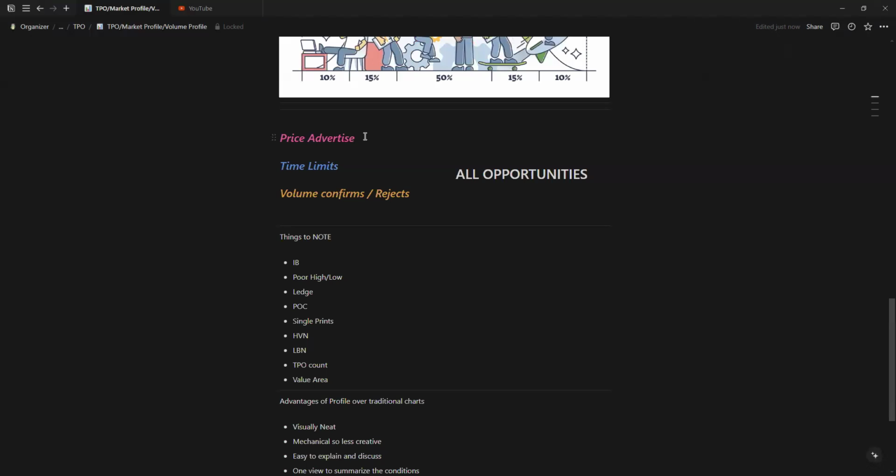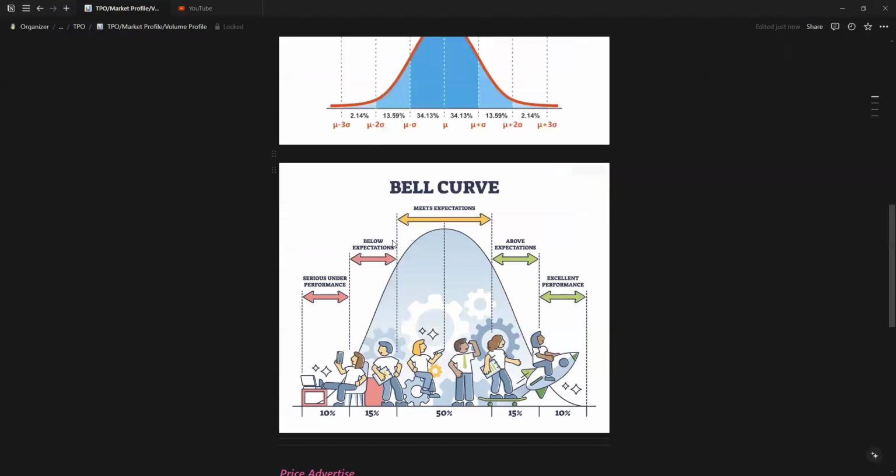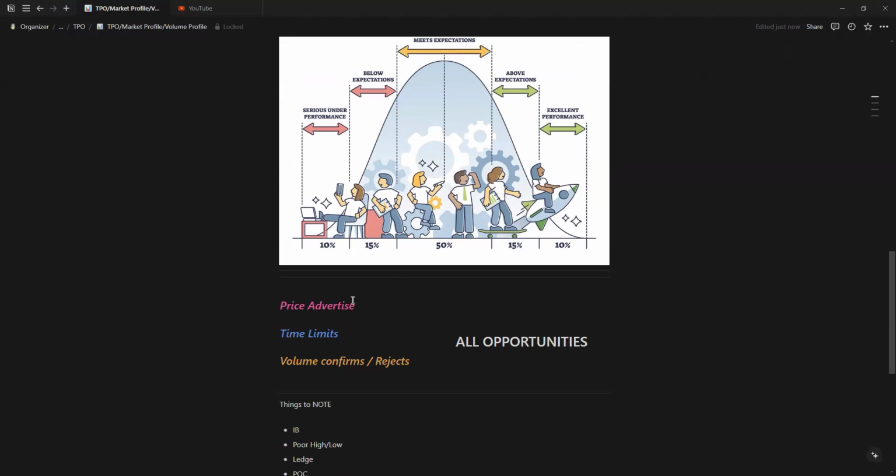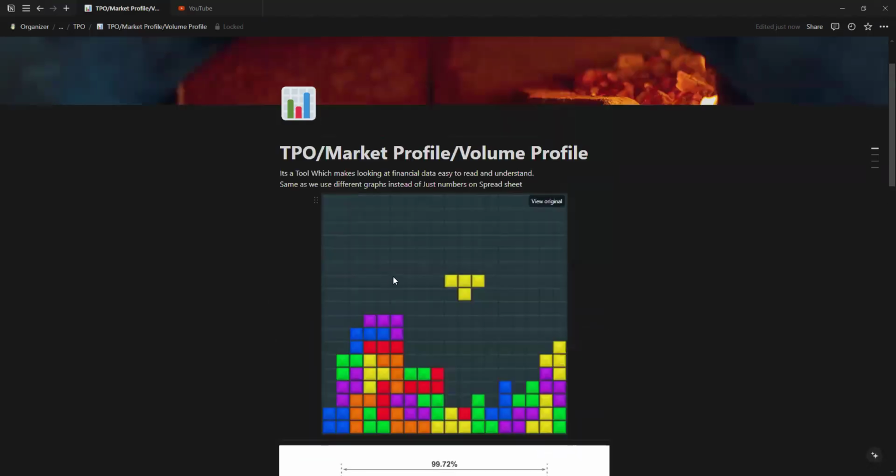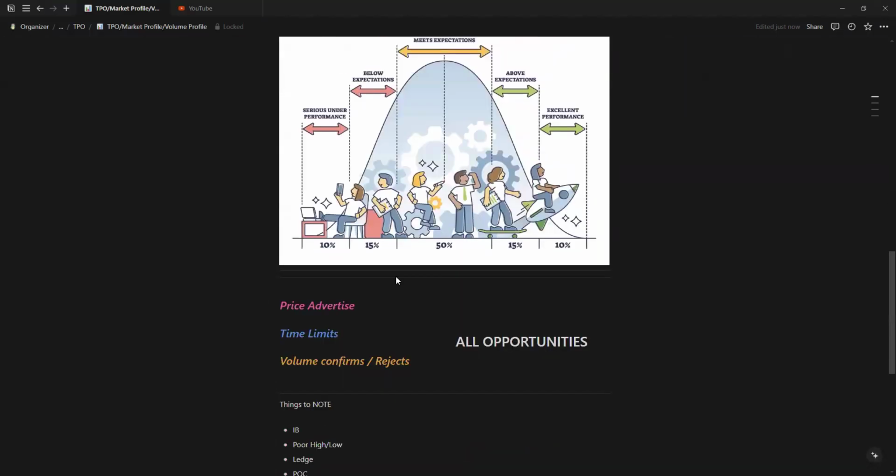Because the price is advertised at a 50% discount, or because you already know that most days it's sold at an average price and this is below that, so it's a discount. Some days it's above, and you call it a premium. You buy at a discount and sell at a premium. Price is just advertising, and the profile helps you understand what the fair value is.